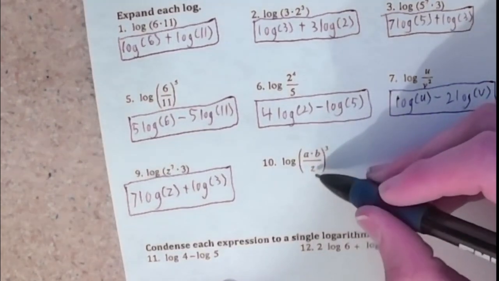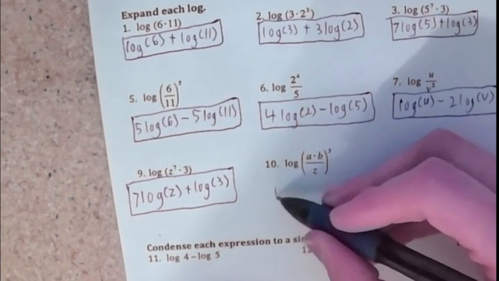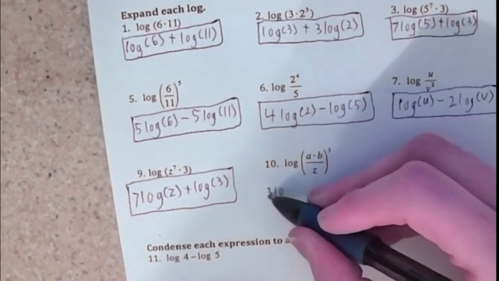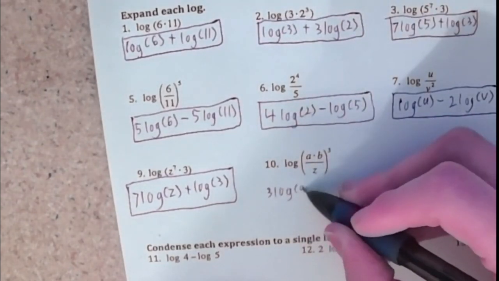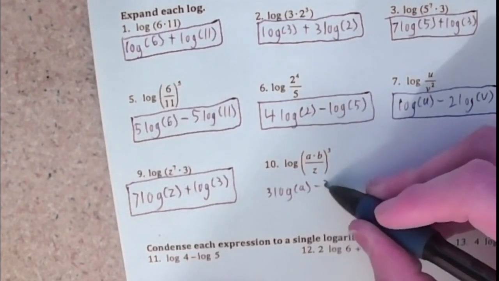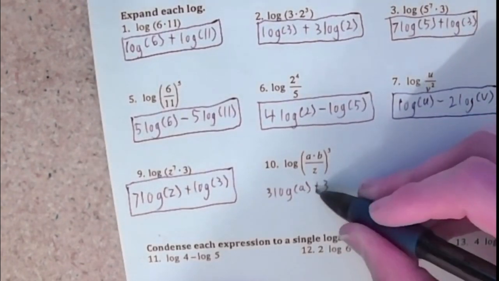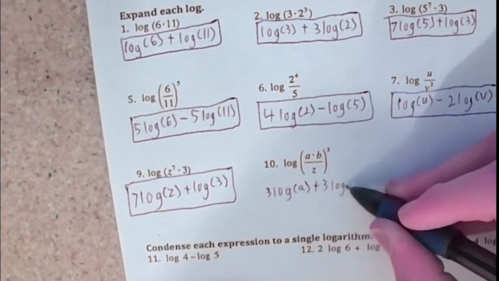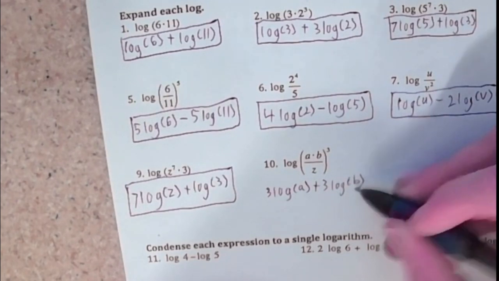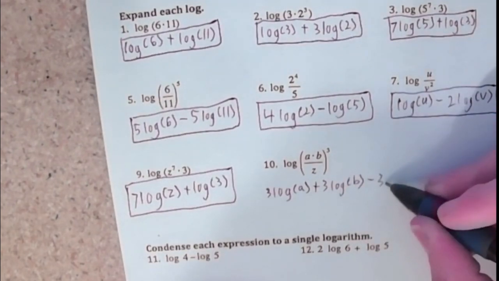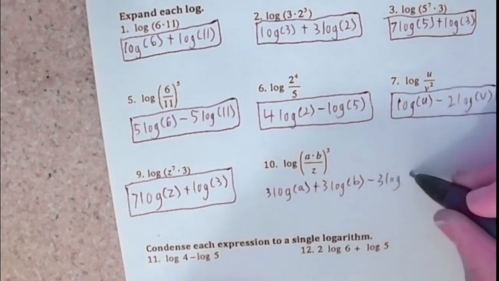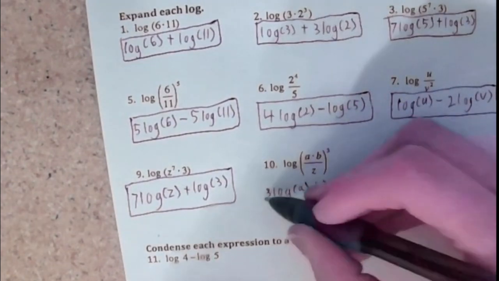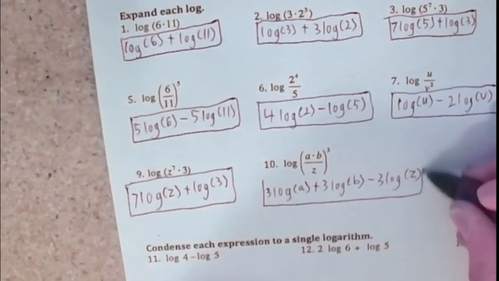Anything in the denominator, that's a minus. So 3 log a plus 3, and that is our final answer for number 10.